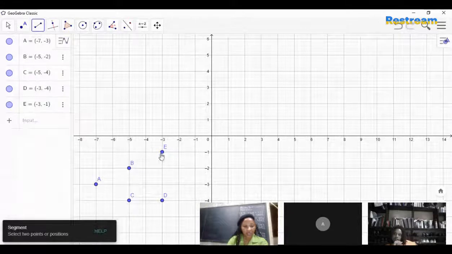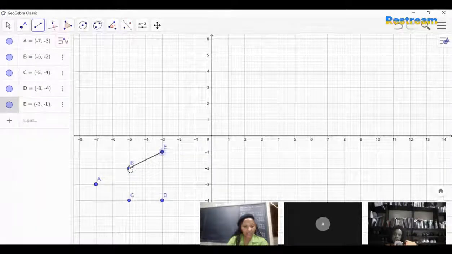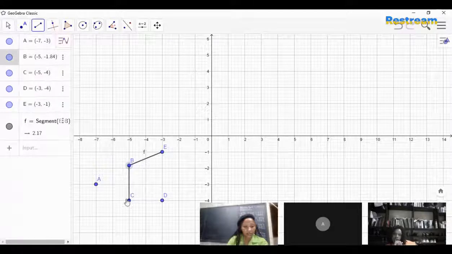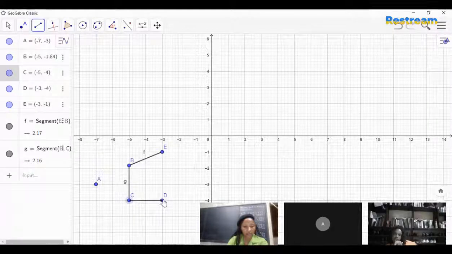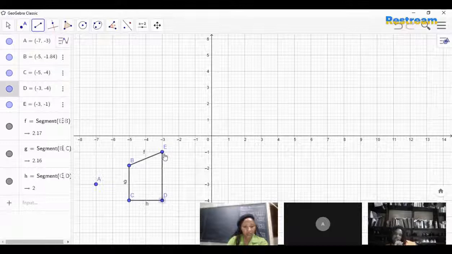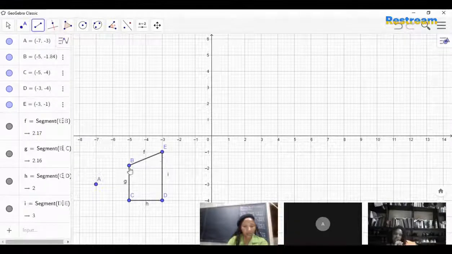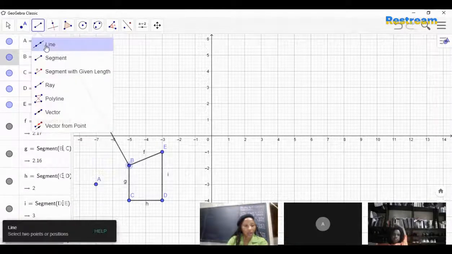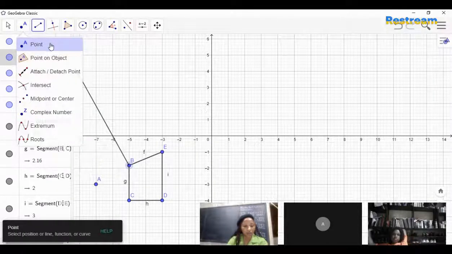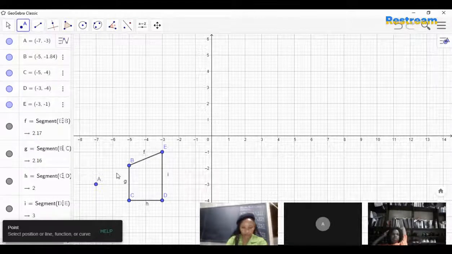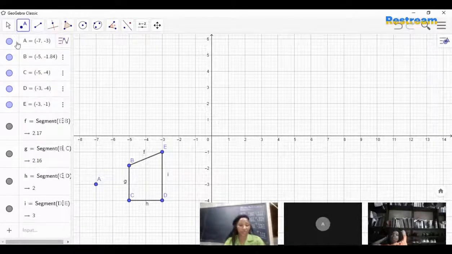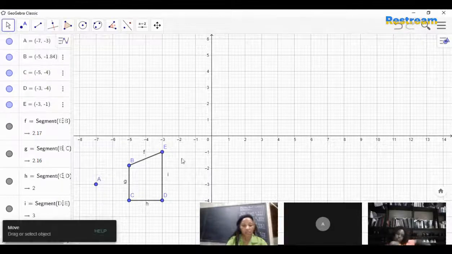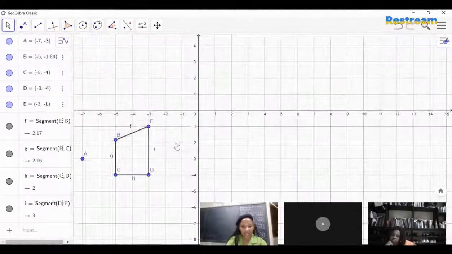So let's connect these dots. So from that to that to that to that to that. This should be right here. All right. That's the trapezium. So I'm gonna need to kind of shift it like that.